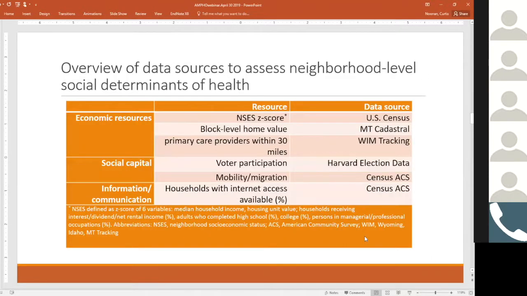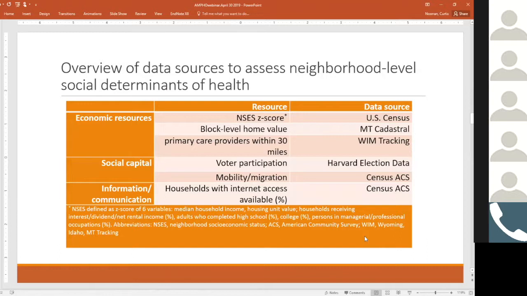So one thing that Jane mentioned there was interest in is how do we get a better understanding of social determinants of health, or data that can tell us about what we like to refer to as social determinants of health.